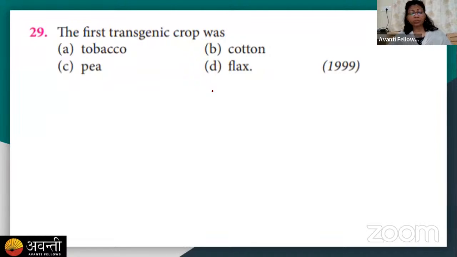Next question, question number 29, the second last question of the day: the first transgenic crop was tobacco, cotton, pea, or flax. You have to give your answer.